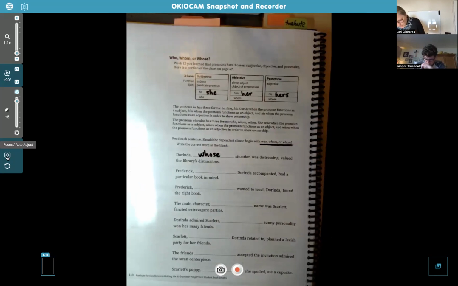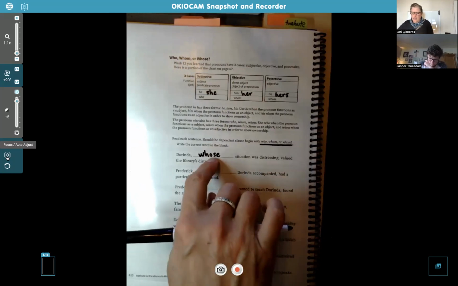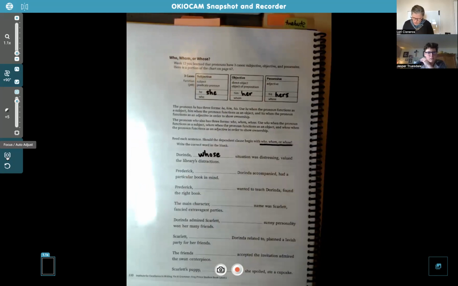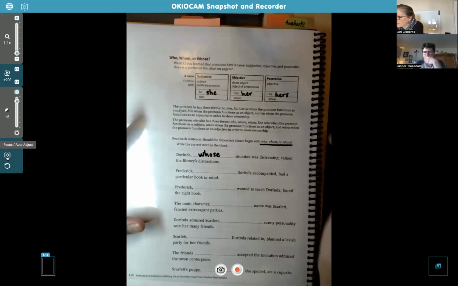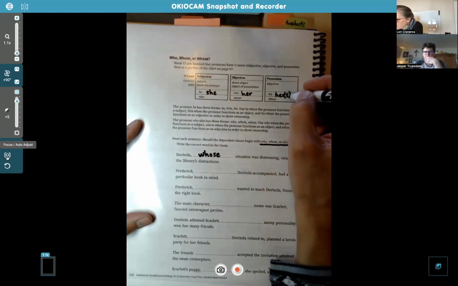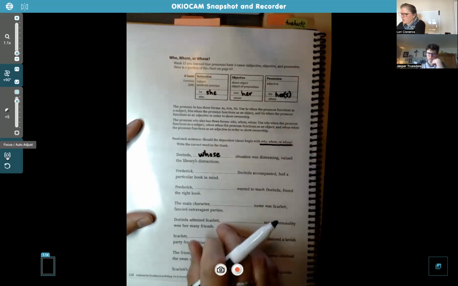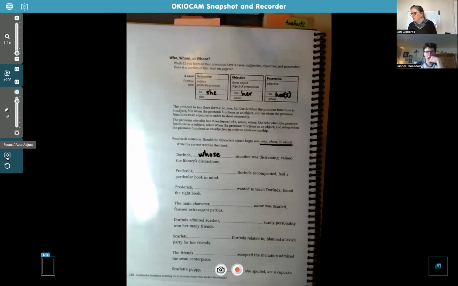So the book describes it this way: if the first word of the who clause shows ownership, that's what it's doing, right? It's an adjective because it's showing ownership. Her situation, whose situation? It's Dorinda's situation. I think we might need to put parentheses around the S up here because it could just be her. That's what I was tripping on because it really is her situation.